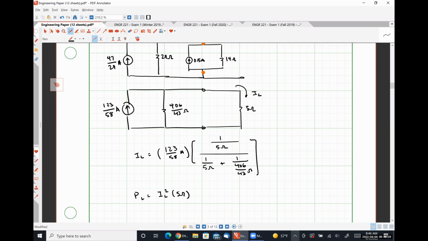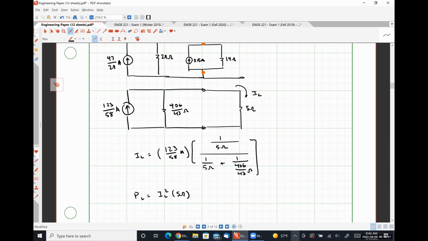I chose to do it that way to illustrate yet again current division. I could have done Ohm's law, so I could have said 123 over 58 times 406 over 43 in parallel with 5, which would have given me my voltage drop. And then the voltage drop squared divided by 5 ohms would give me the same answer.